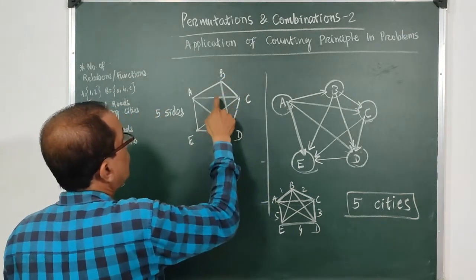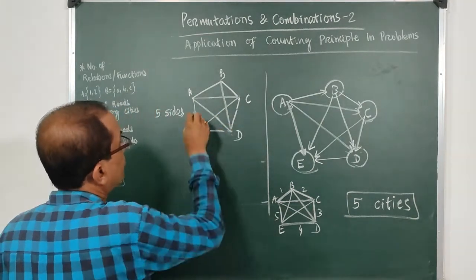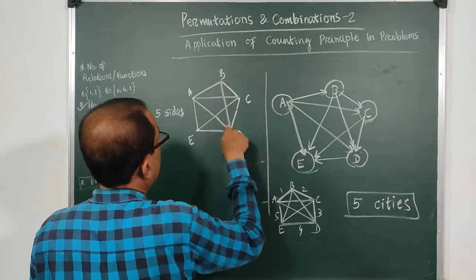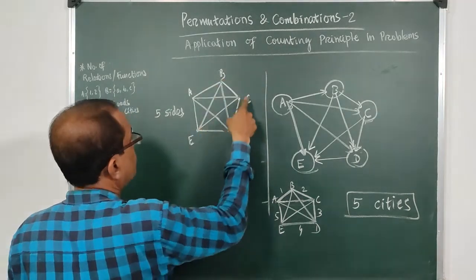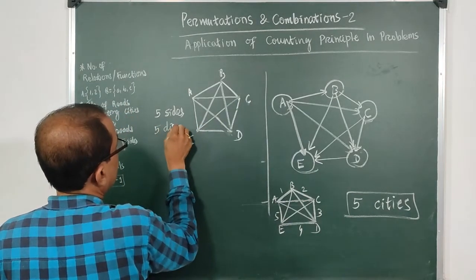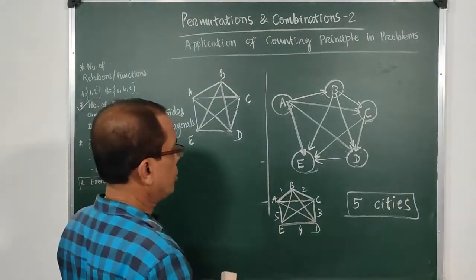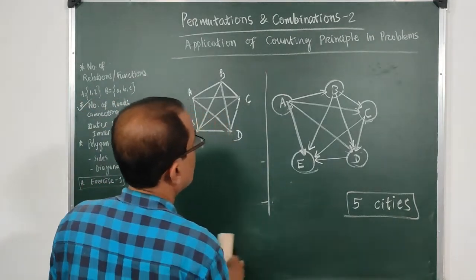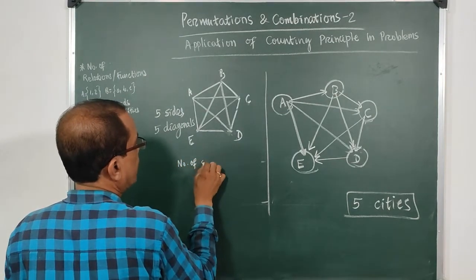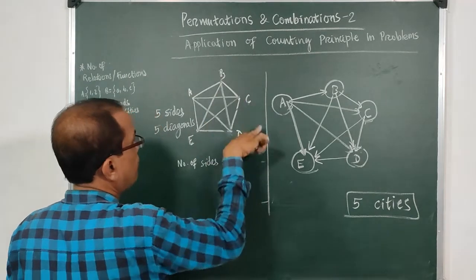See, 1, 2, 3, 4. What is the other one left? From A there are AC and AD, from B there are BD and BE, and from C there is CE. So there are 5 diagonals. We can write in a similar fashion: the number of sides will be 5 because they are connecting 5 vertices.